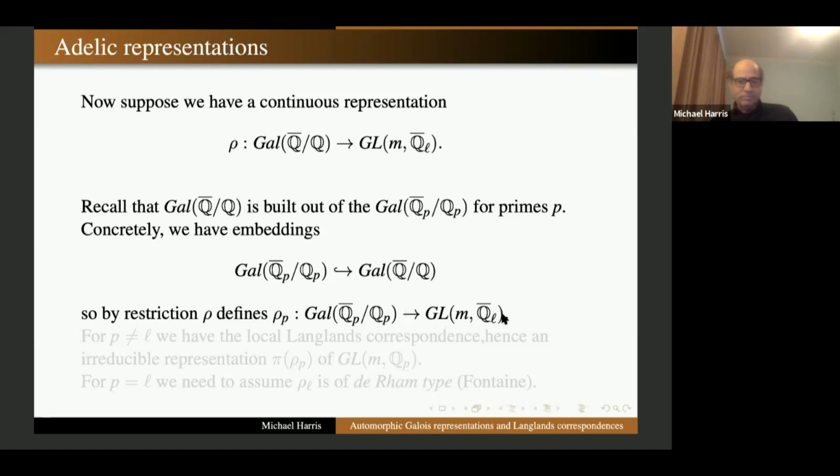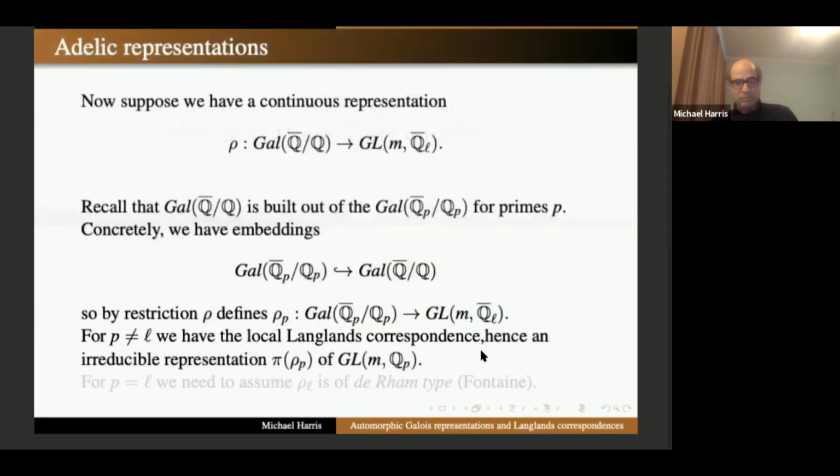Now here's where we need to think momentarily about topology. If P is different from L, we have the local Langlands correspondence, and thus, by the recipe I sketched before, we get an irreducible representation, which we'll call pi of rho P, of GLM of QP.